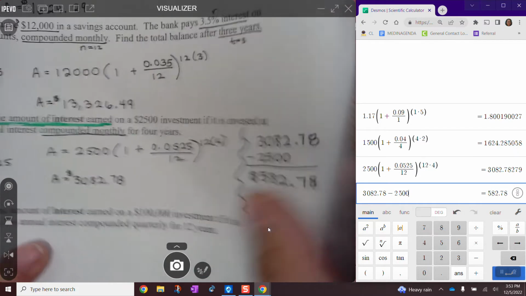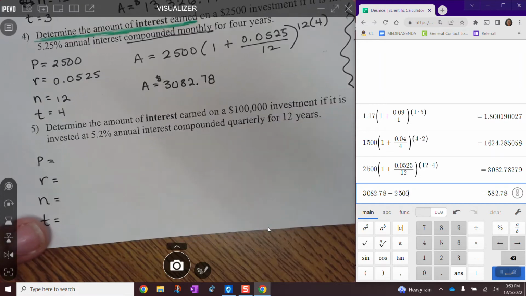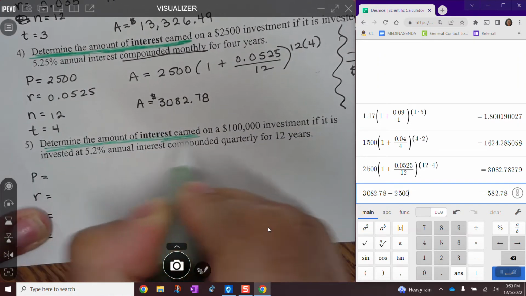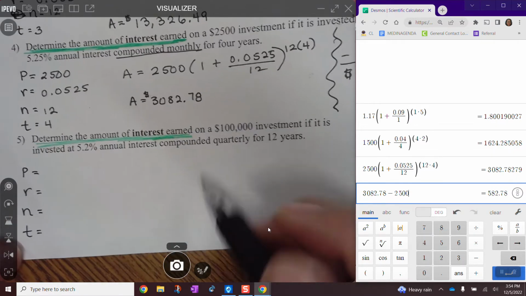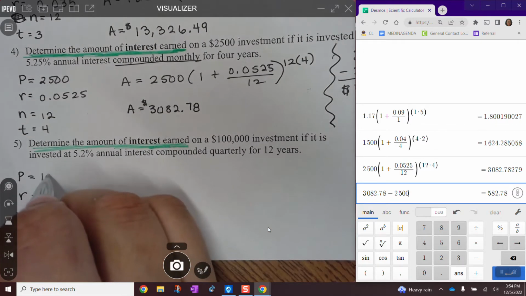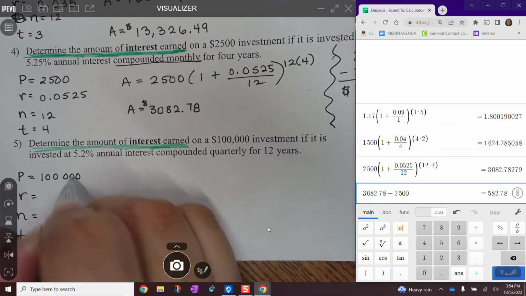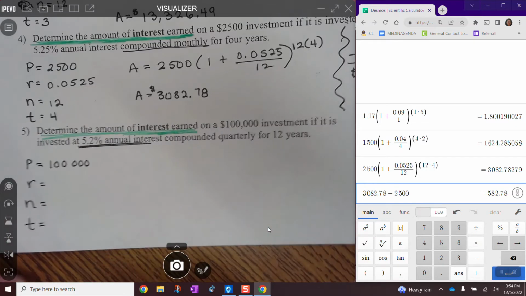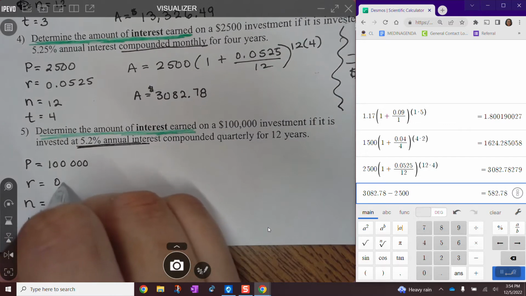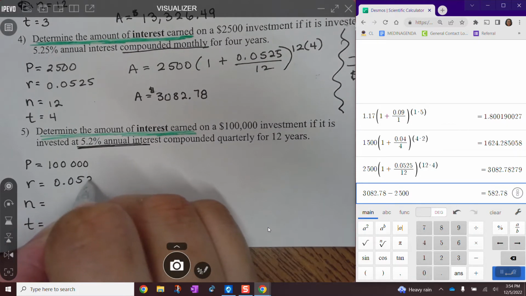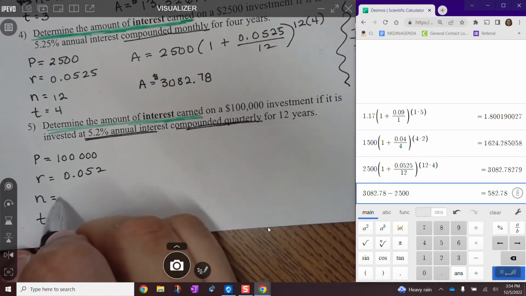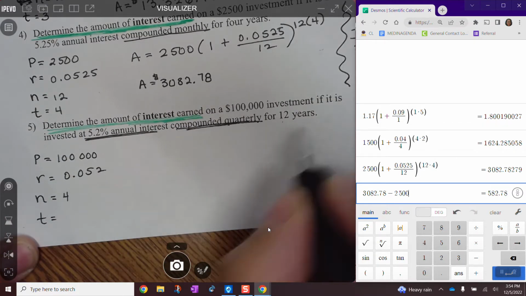Okay. All right, let's try this calculation again. Determine the amount of interest earned. Right, and the investment is $100,000, invested at 5.2% annual interest, compounded quarterly, so that means n equals 4 after 12 years.